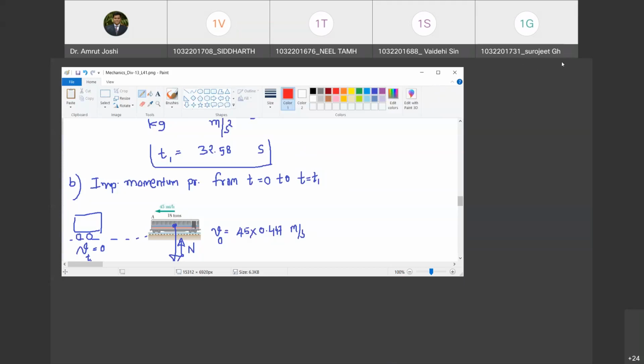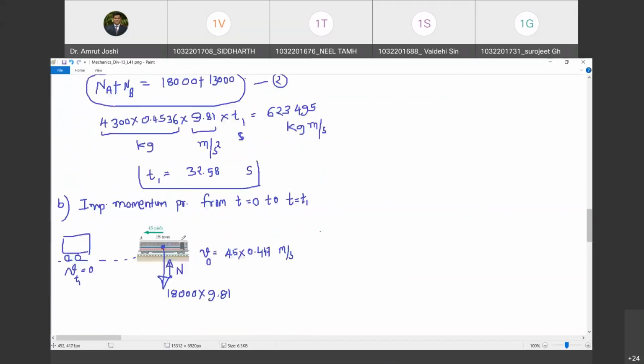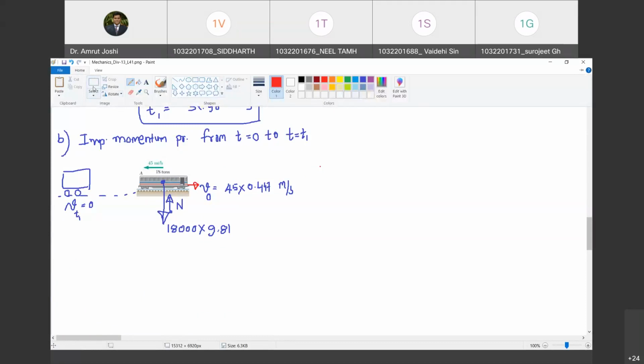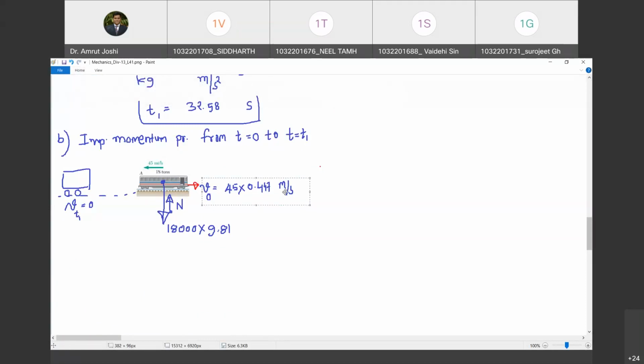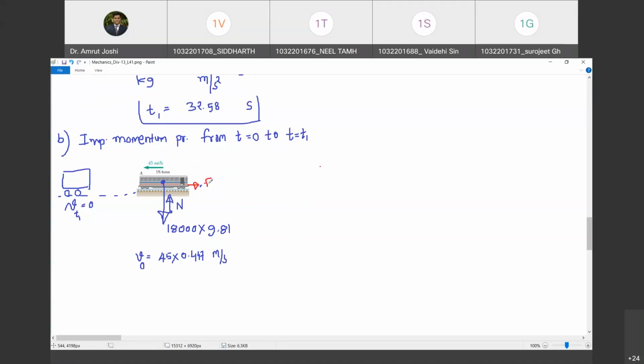Are you able to see the screen? So if a tensile force is acting, that force I am going to show as the force in coupling. Let me take this here and call this the force in coupling.